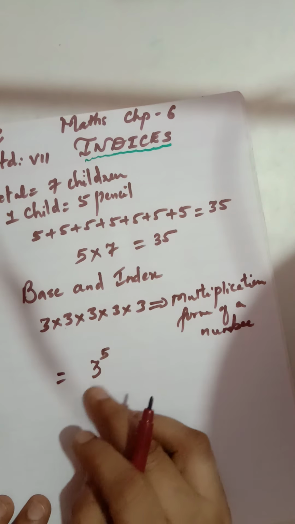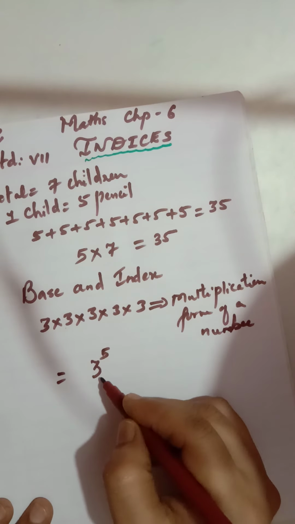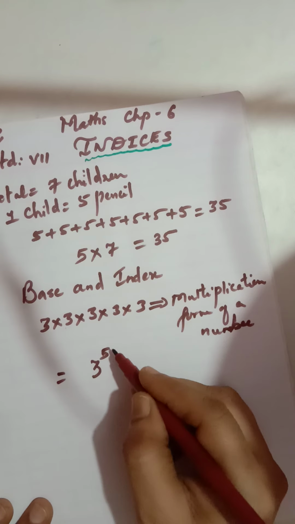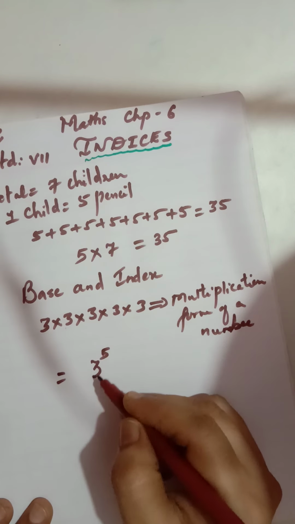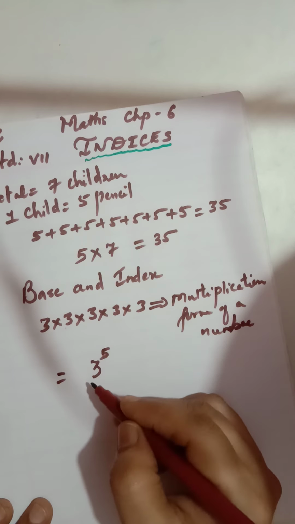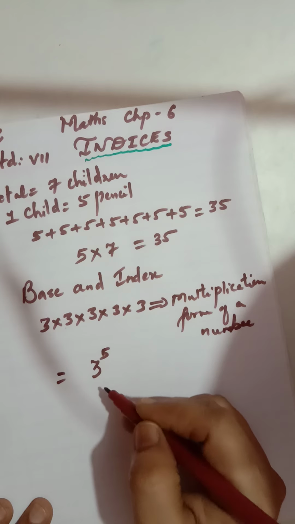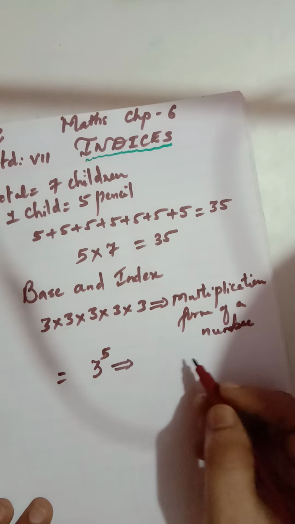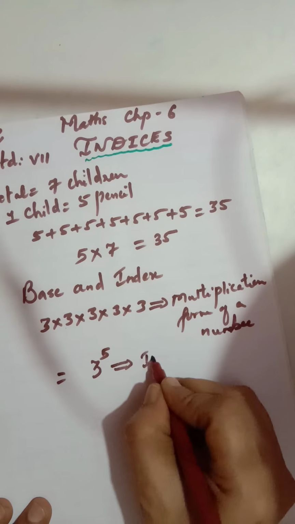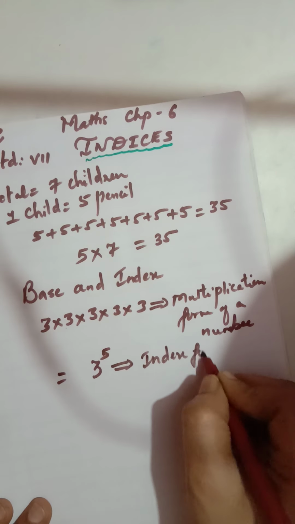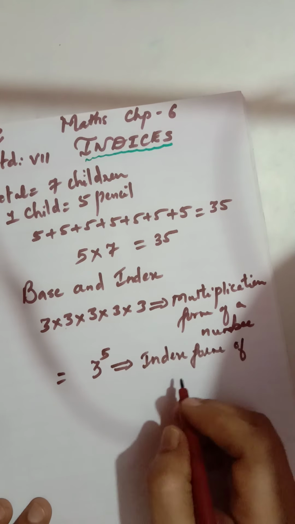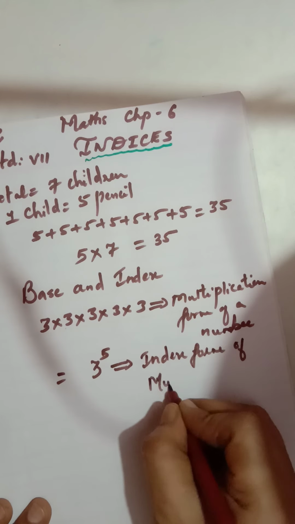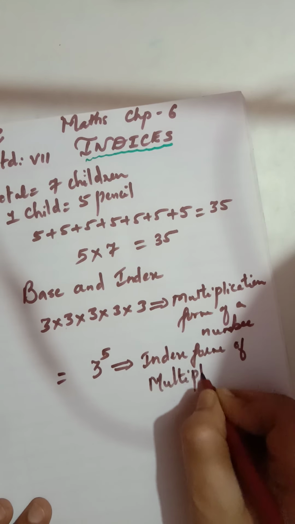When we write it in this shortcut form, that is with the base and index, this form is called the index form of multiplication.